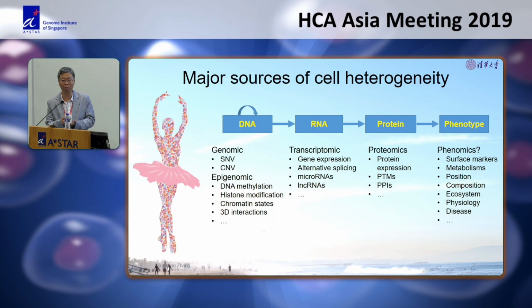At DNA level, we have a lot of genomic and epigenomic factors that can vary among cells. Most of us talk about the transcriptome level, but many scientists believe that the proteomic level is more important, and which results in the phenomes like metabolism and many other aspects.